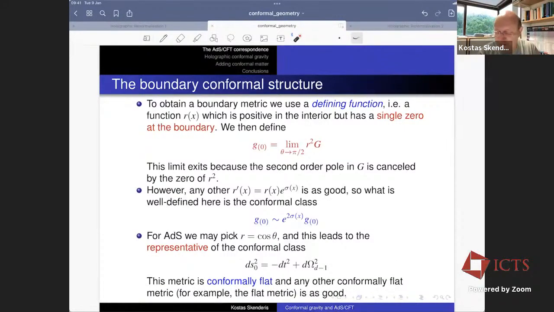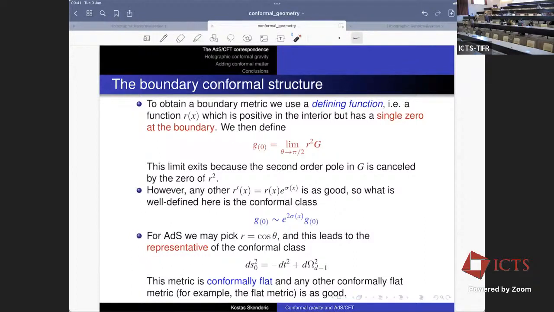There is a small window of masses where you can use Neumann boundary conditions, and you can also use mixed boundary conditions. But the generic case is that you only have Dirichlet boundary conditions. Okay, thank you.